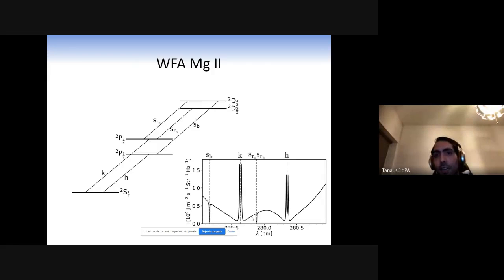Here we have the K line, two of the subordinate lines that are completely blended, and the other that is here at the left. However, take into account that the CLASP spectral range reached around this wavelength, so this line was not observed. And regarding the other subordinate lines, due to the blend, the applicability of the weak field approximation is not very good for the inference of the magnetic field.